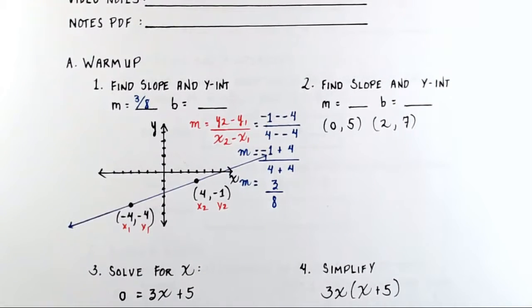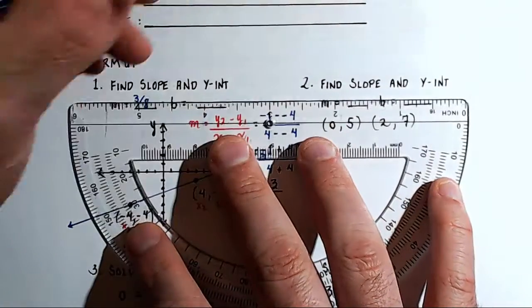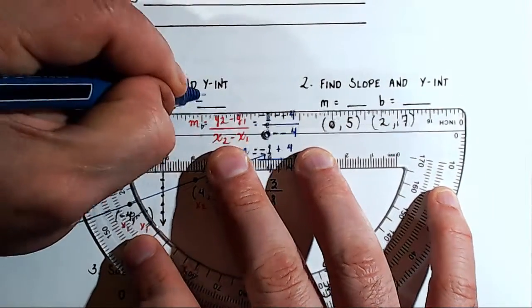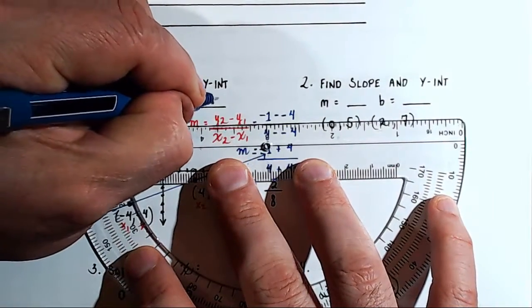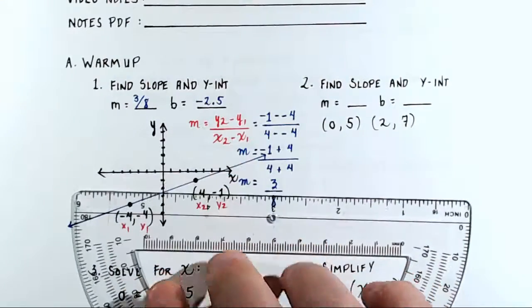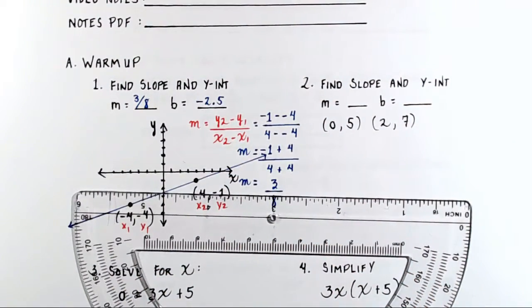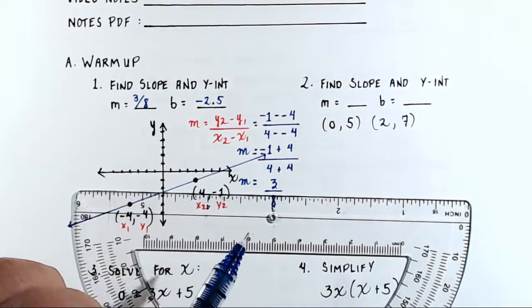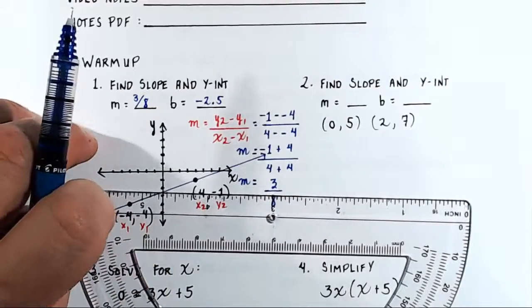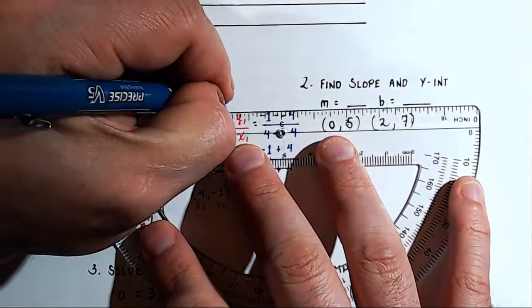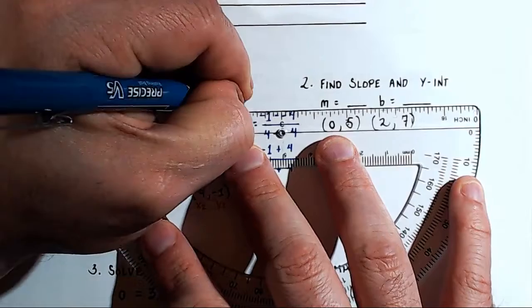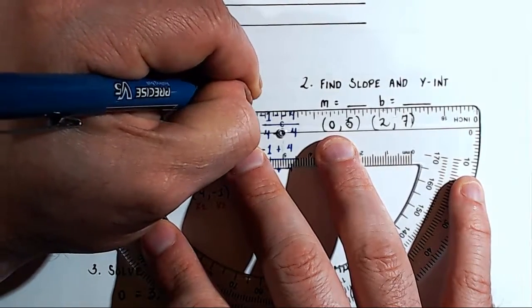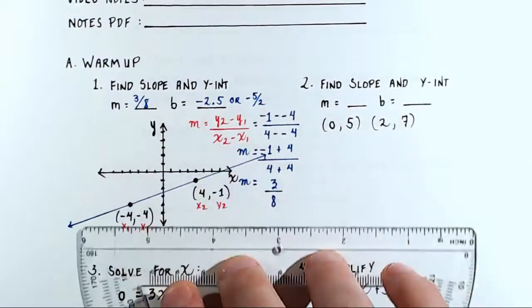So negative 2.5. And for now, that'll be just fine. And if you wanted to express that as a fraction, negative 2.5 would be negative 5 over 2.